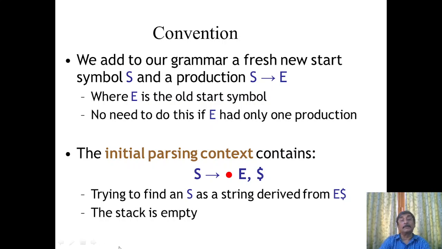The initial parsing context says that ultimately my string should be derived from the new start non-terminal S, followed by a dollar. So from S dollar, the entire input sentence and dollar can be derived if the sentence is correct according to the grammar, else it will not be. So we are trying to find an S as a string derived from E dollar, and to begin with, the stack is empty.